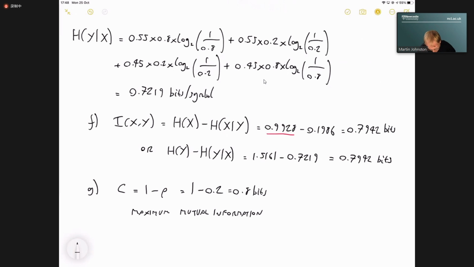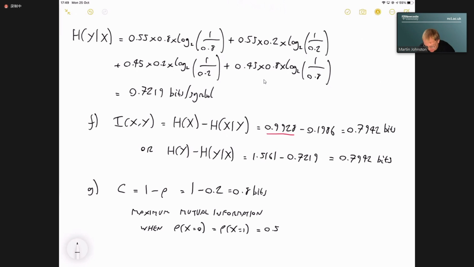This occurs when the probability X equals 0 is the same as the probability X equals 1. Of course, it has to be 0.5. So if we were to change these probabilities to 0.5, then the mutual information we calculated would be 0.8.